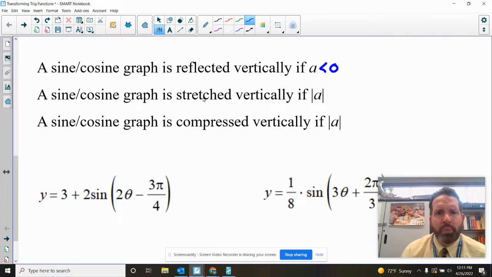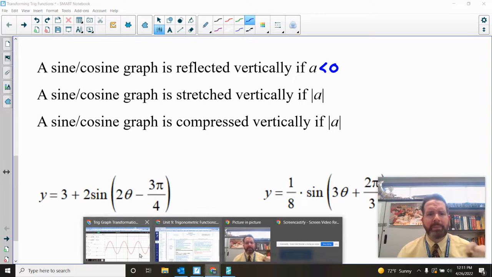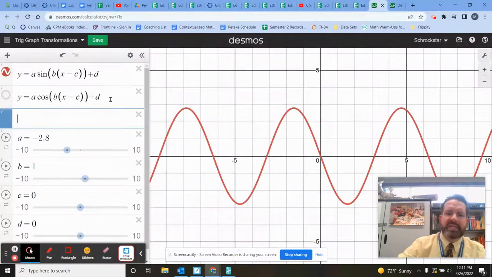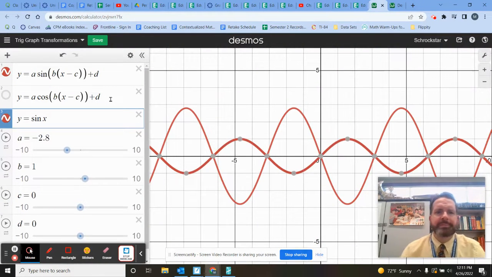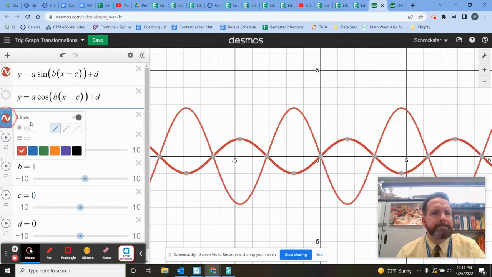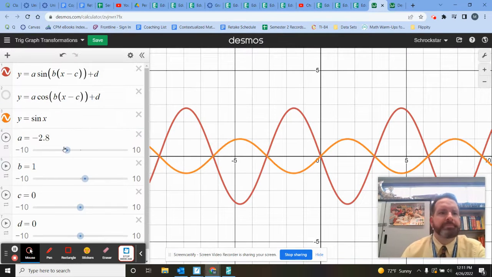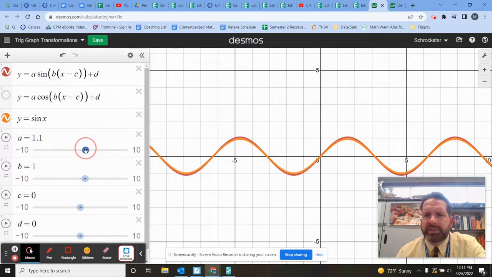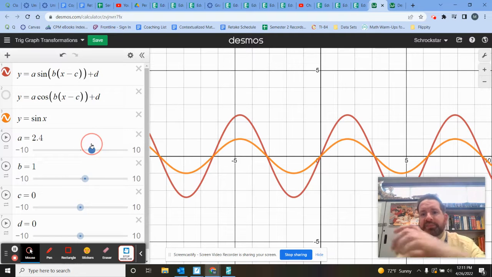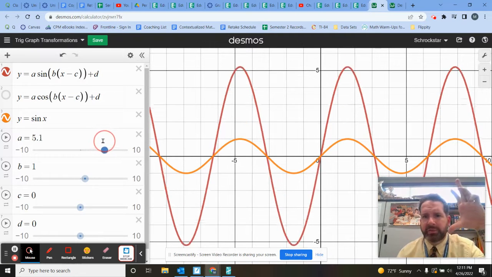Now let's talk about what sorts of values make your graph stretch and what make them shrink. I'm going to put in just a regular sine graph for reference. Make it orange. So I noticed that like right here, my graphs are the same. Now I'm stretching it out.